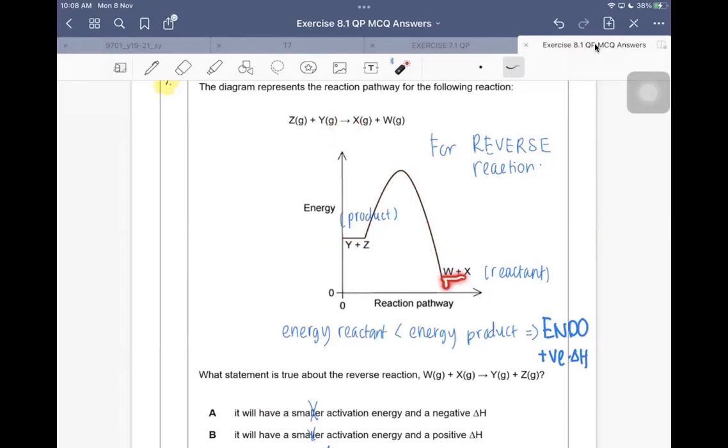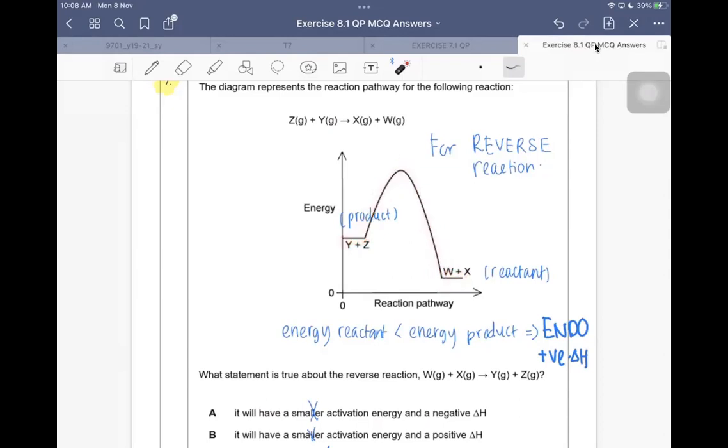So I've only just reversed them. And then this is the activation energy of my reverse reaction, that hill that I need to climb. And once I have reached my highest peak, then of course I can turn into the products. That means the reaction will for sure happen.